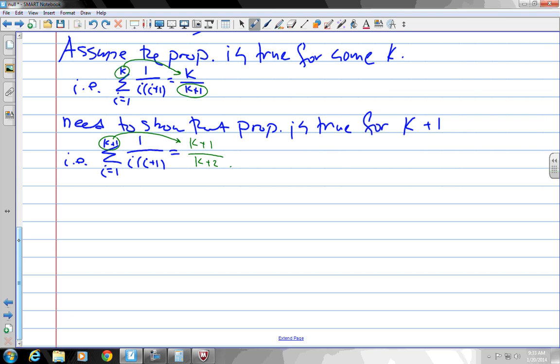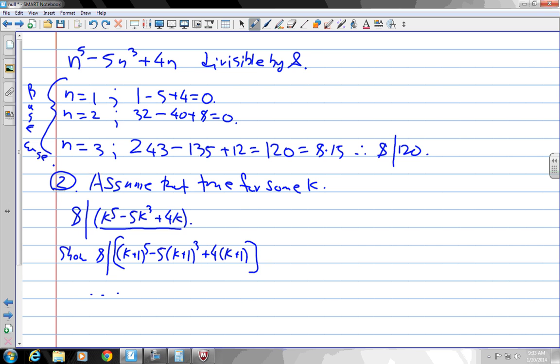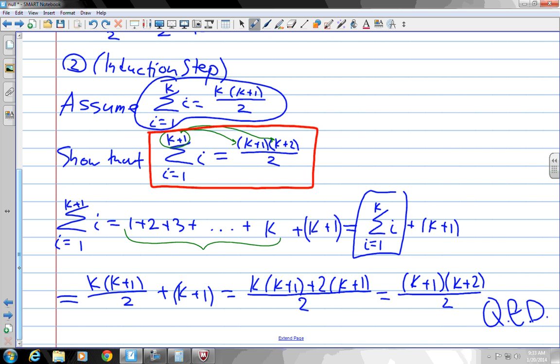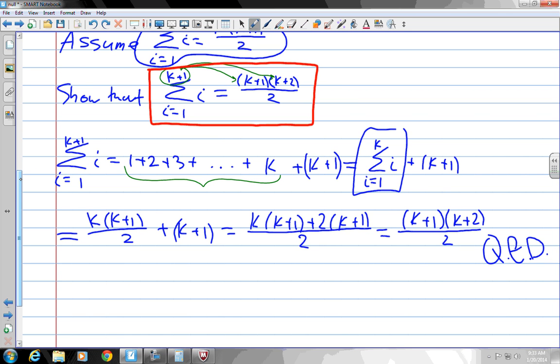So the rest of this proof will look very similar to the one that we just did, and most of the sigma proofs will look like that. Let me go back and talk a little bit about what happened in the previous proof. Usually when you play with the sigma notation, because that's addition, you can always take your addition to k plus 1 and rewrite it as the addition to k plus that k plus first step, that last added term.